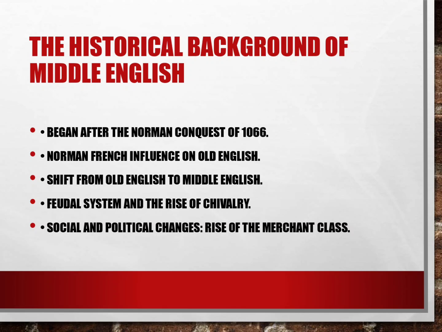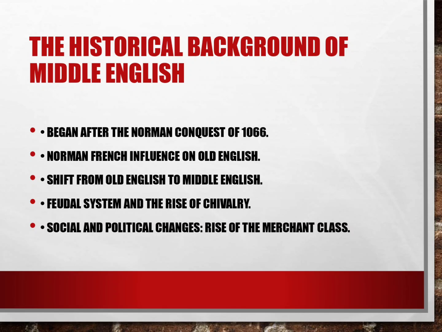The timing of the Hundred Years' War was from 1337 to 1453. This series of conflicts between England and France contributed to a rise in English nationalism. Eventually, it led to the decline of French as a prestigious language in England and the resurgence of English in public life.